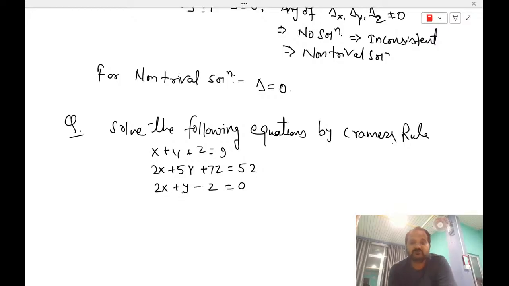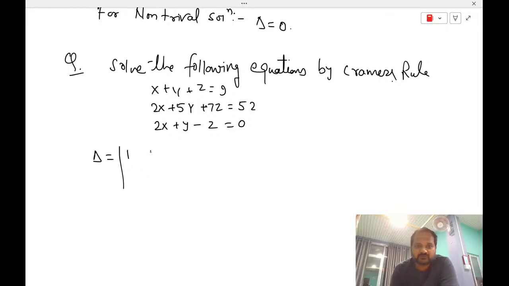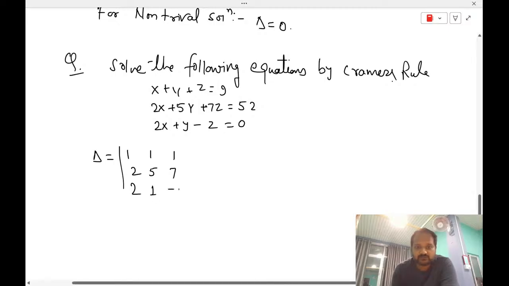So first of all, using Cramer's rule, for delta we will write its coefficients, that is 1, 1, 1, 2, 5, 7, and 2, 1, minus 1.